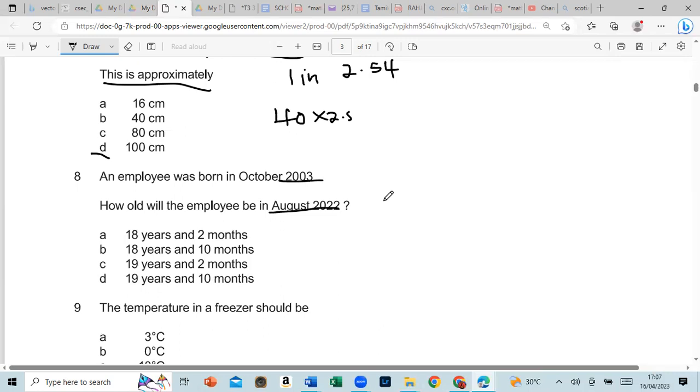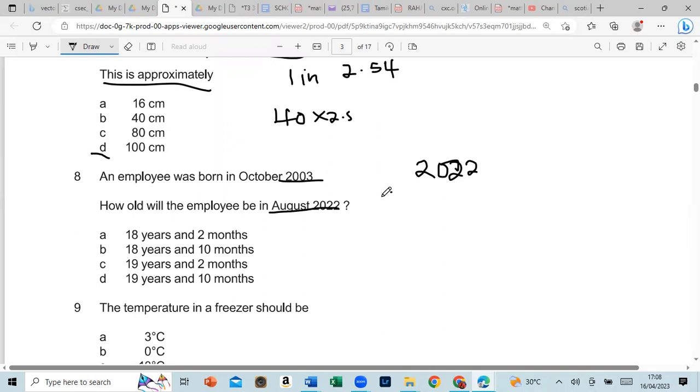Sir, it says an employee was born in 2003, so it wouldn't click right away what age that is. My cousin was born in 2006 and is currently 16, and he wouldn't be 17 until December.